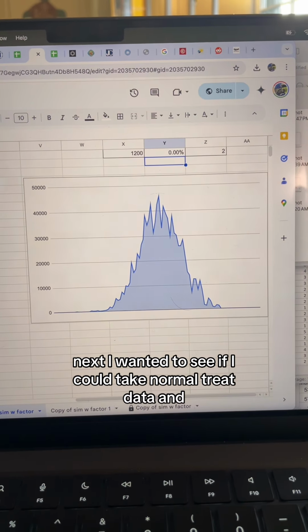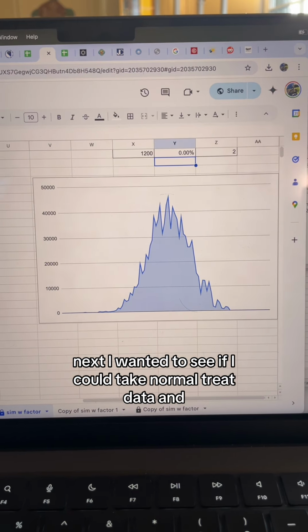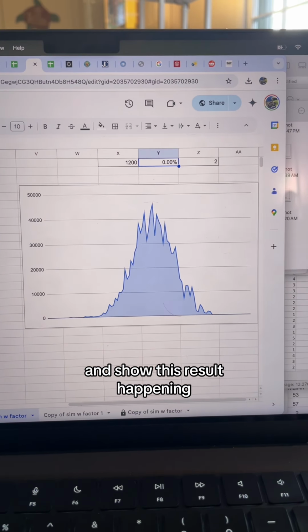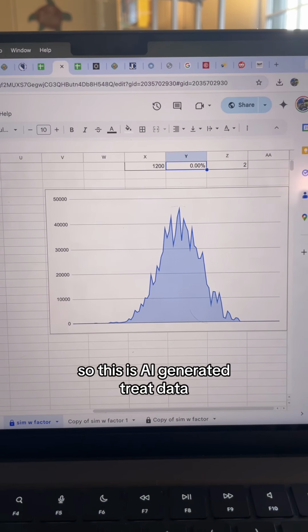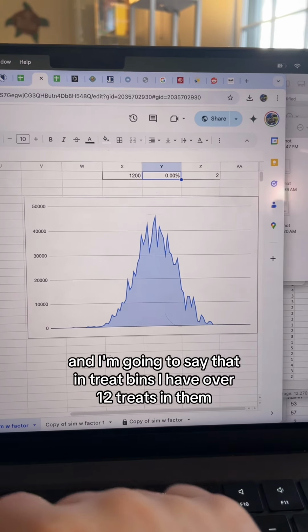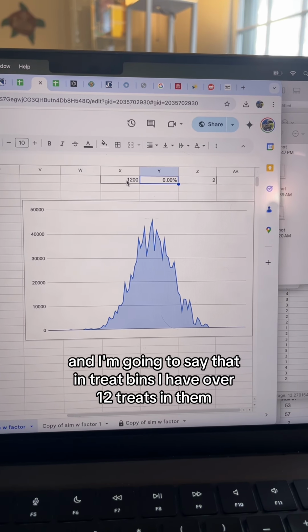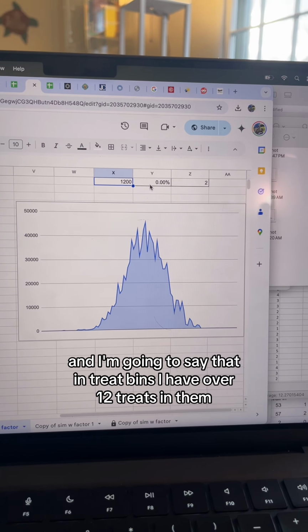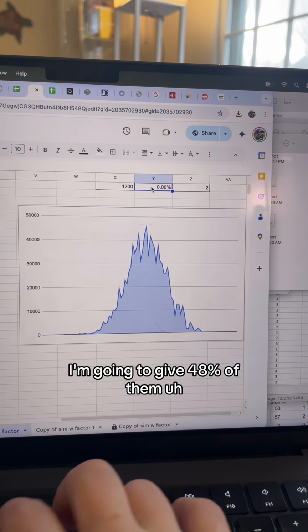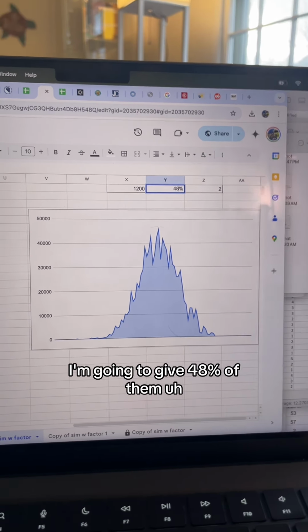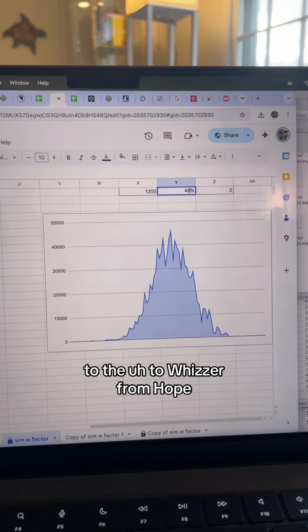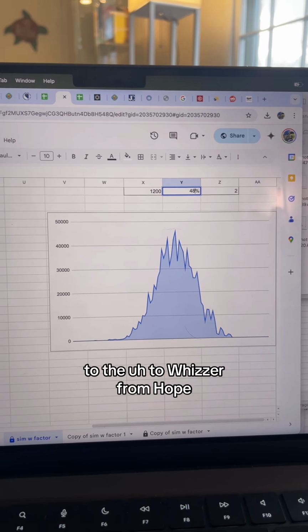Next, I wanted to see if I could take normal treat data and show this result happening. So this is AI generated treat data, and I'm going to say that in treat bins that have over 1,200 treats in them, I'm going to give 48% of them to Whizzer from Hope.